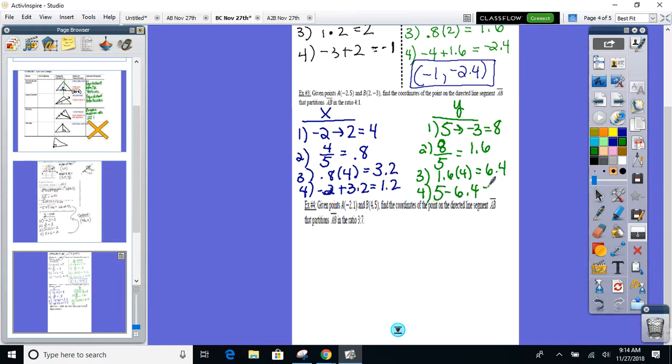And where do you end up here? Negative 1.4. So my partition point will be -1.2 and -1.4.